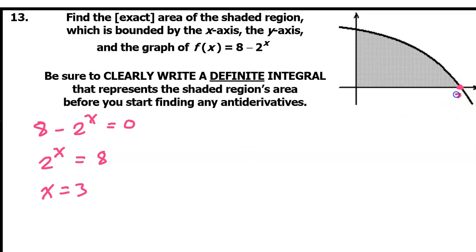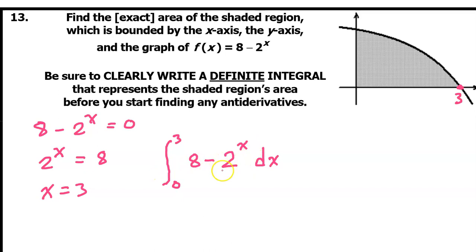So that is the x-coordinate of this intersection point. The area between f of x and the x-axis between 0 and 3 can be represented by the definite integral of f of x from 0 to 3. All we have to do is evaluate this integral.